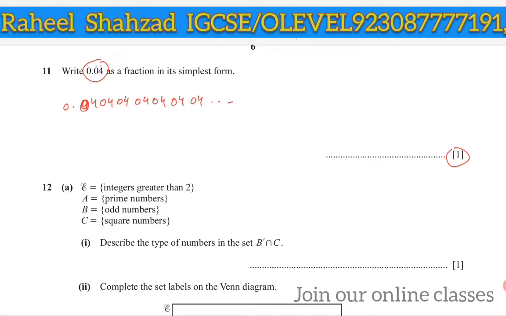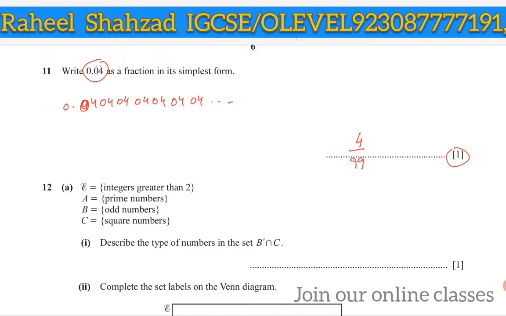So it's basically, when you write it on the display of calculator, 0.0404040404 and so on, you come to a point where we can write it as 4 divided by 99. So 0.04 decimals, you can write it in this form. Okay.